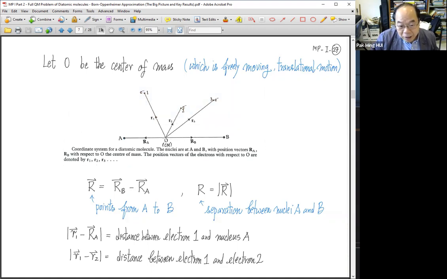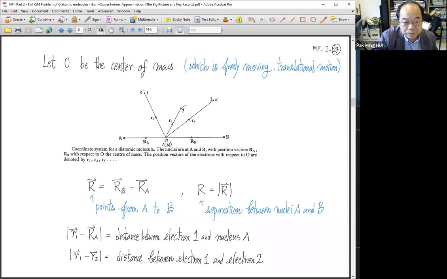And it is clever if we choose the center of mass to be our origin, so that there is a translational motion of the whole molecule that we will not further consider. I mentioned that this translational part actually goes into your ideal gas consideration that gives the internal energy of 3/2 nkT. In our quantum mechanics discussion, we will not further consider the translational motion.